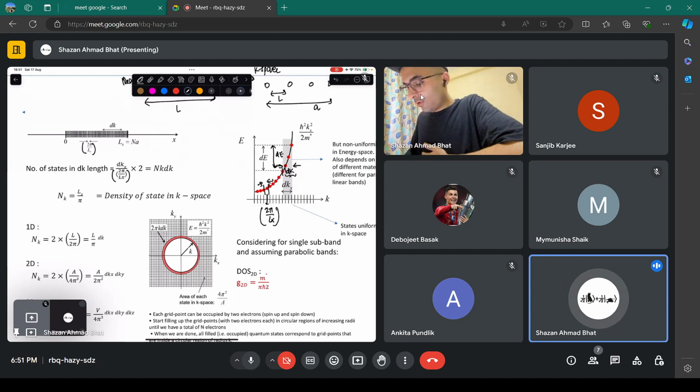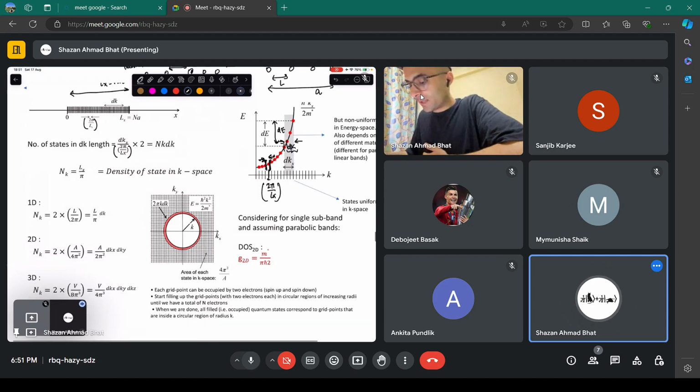This is, I should say, the difference between the two levels in k space. Overall Lx will be equivalent to the number of atoms times the lattice constant. That is the simplest thing.